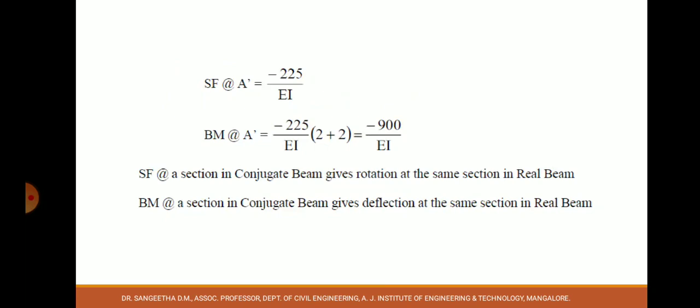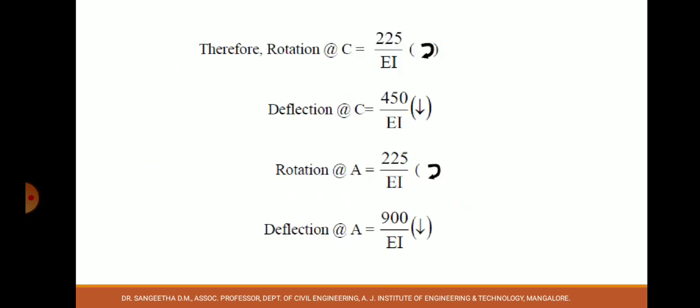That means the bending moments at A dash and C dash you have evaluated are nothing but the deflections. Those we have listed here: rotation at C, deflection at C, rotation at A, and deflection at A.